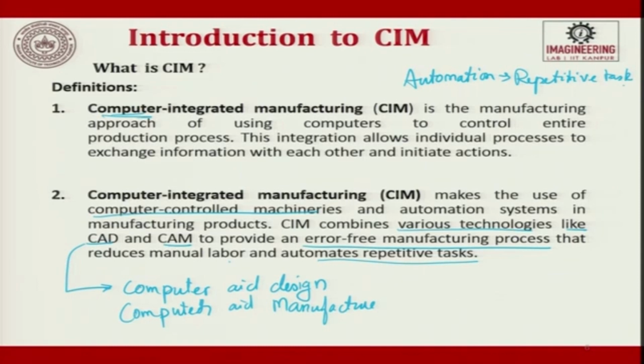Because when you do a repetitive task, there is a possibility of error, and that is why people nowadays try to automate the process and remove the error. So, that is the function of CIMS, to provide an error free manufacturing process.